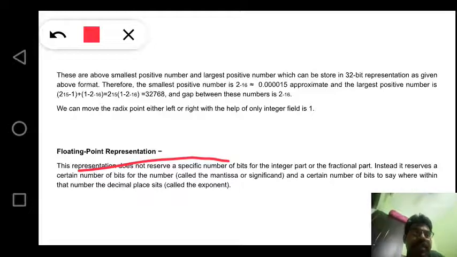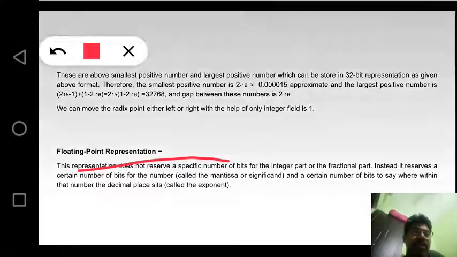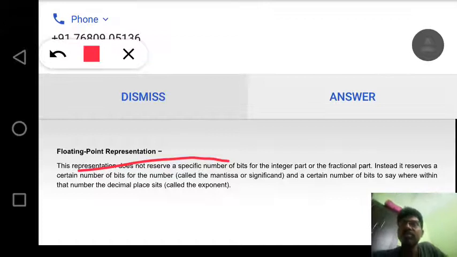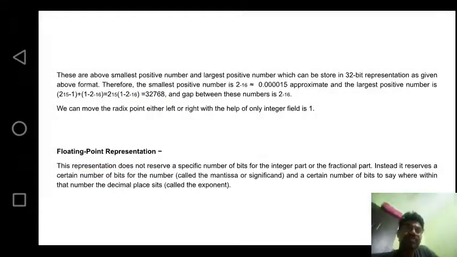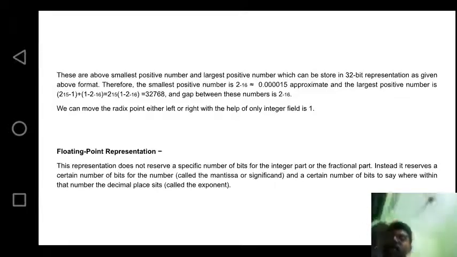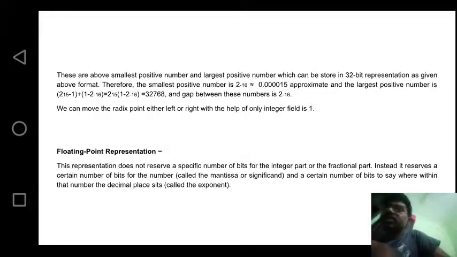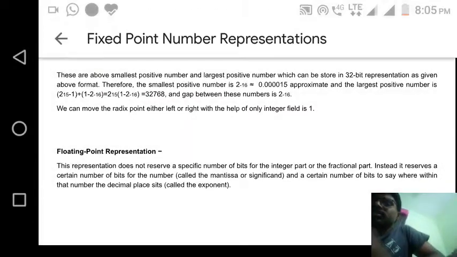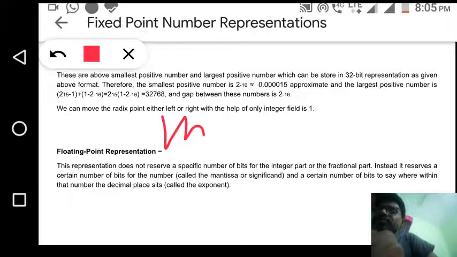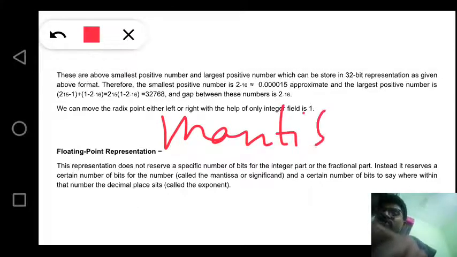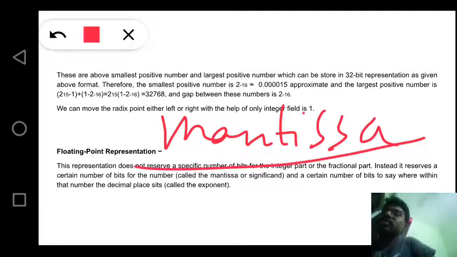Instead, it reserves a certain number of bits for the number, called mantissa. Here comes a new word, mantissa.